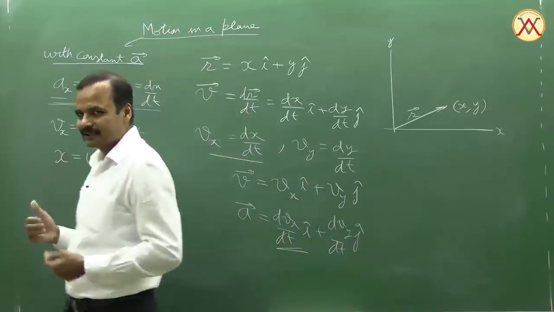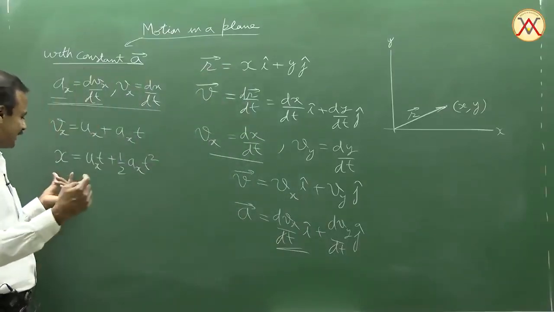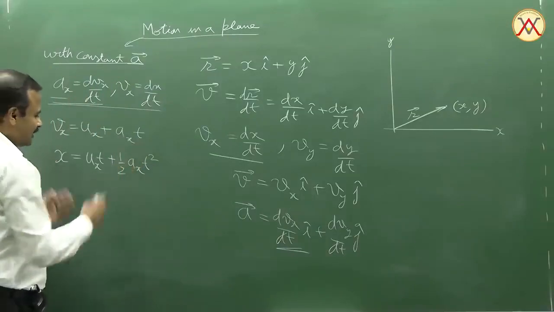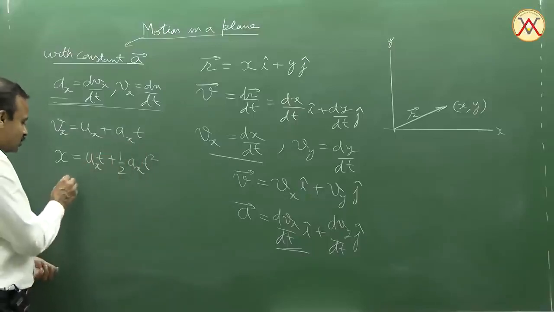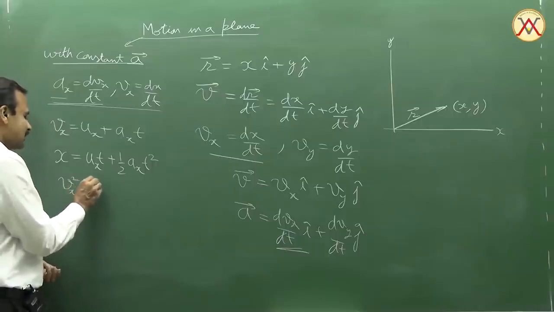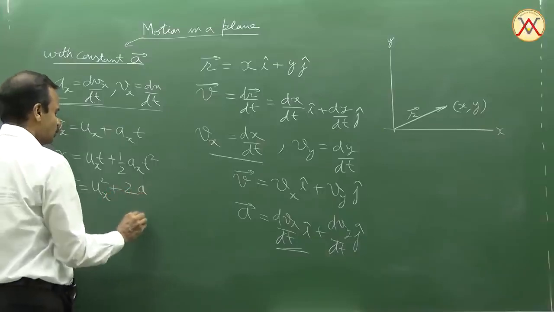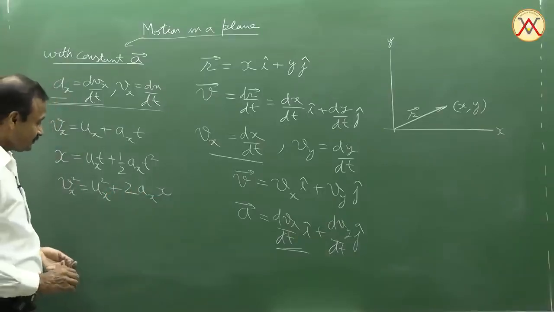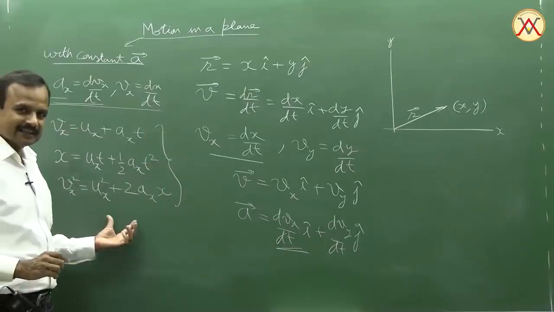In that case, the displacement in x direction will be the same as the x coordinate. With the two equations, by eliminating t, I can write the third equation of motion also: vx square equals ux square plus 2ax multiplied by x. So these are the three equations of motion in x direction.